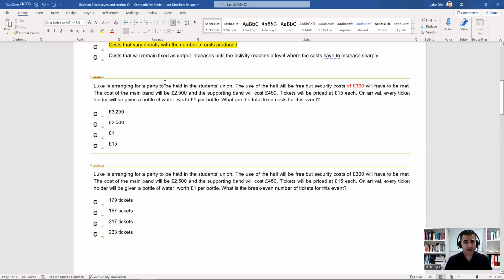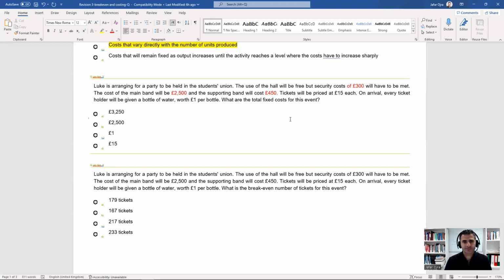The cost of the main band is 2,500, and the supporting band will also cost 450. Tickets will be priced at £15 each, that's the selling price. And on arrival, every ticket holder will be given a bottle of water worth £1 per bottle. The question asks: what are the total fixed costs?